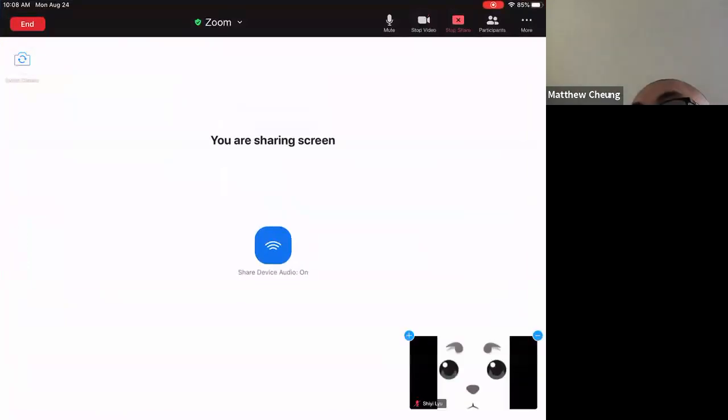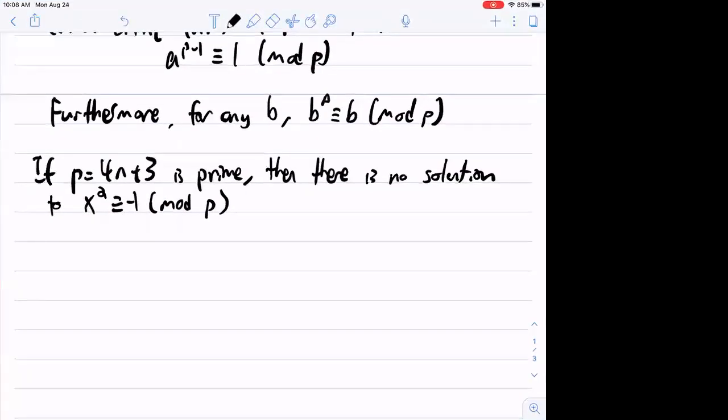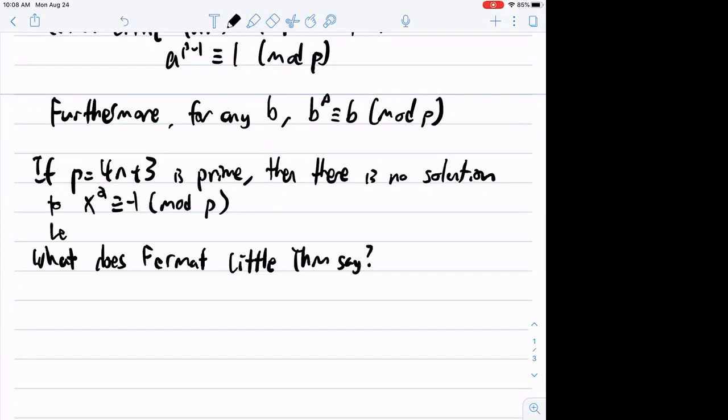Everyone good so far? So what does Fermat's little theorem say? Again, let x be such that p does not divide x, because if it did, it's congruent to 0.